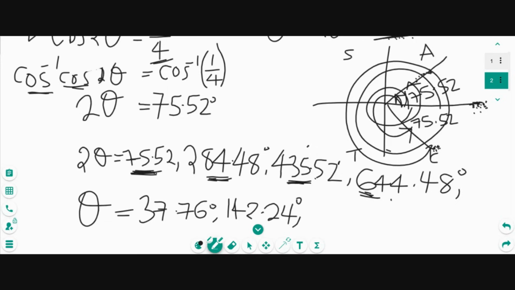You have 435.52 divided by 2, you get 217.76. Please also try it on your calculator to ensure we're not making an error.